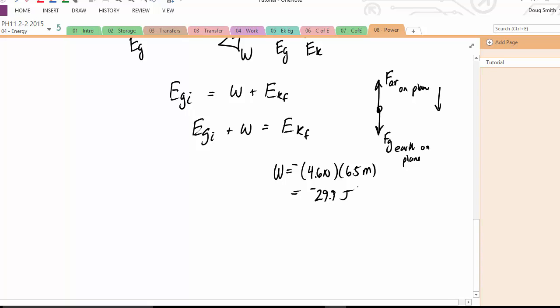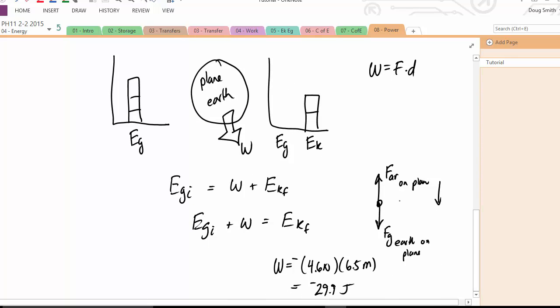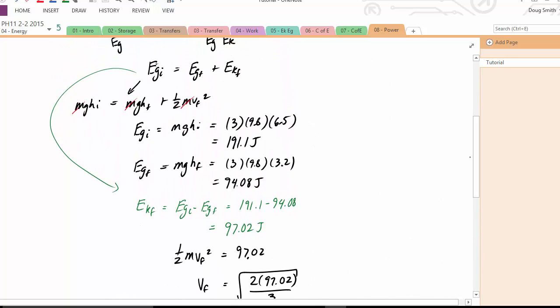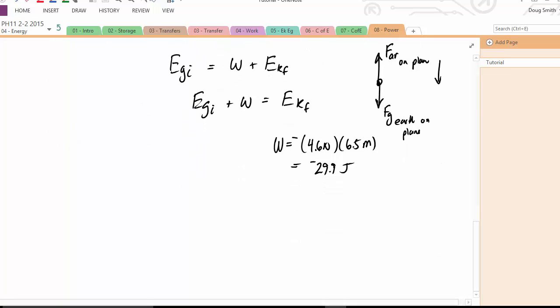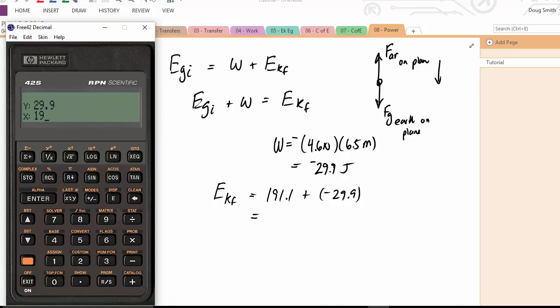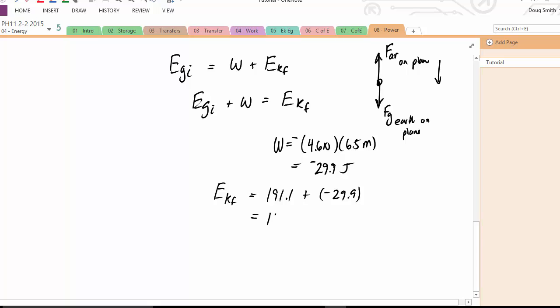So we're going to keep that work as a negative. The initial gravitational energy is the same as before, 191 joules. So we get E_k final equals 191.1 plus negative 29.9. That's 161.2 joules of kinetic energy, just as it's about to hit the ground.